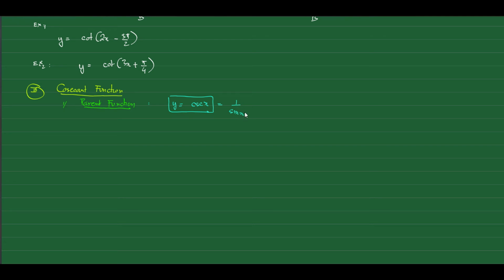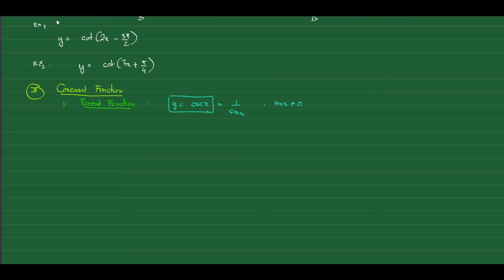There's a bunch of angles that make sine equal 0, so that is undefined right there. It means that we can have vertical asymptotes right over there, and that's why the domain will be different. How about the range? The range is also different. It's a very interesting range. Over here we know that sine will be different from 0.